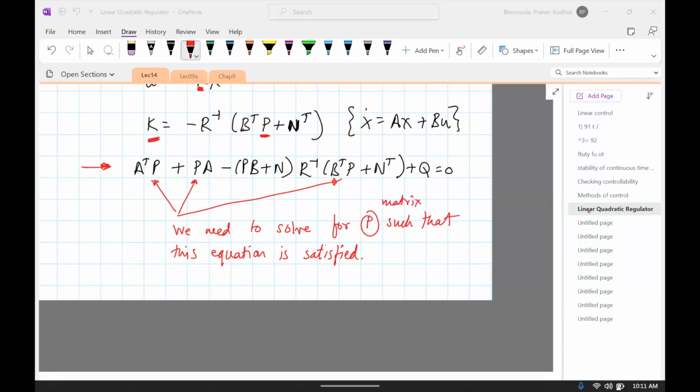I think it's, what is it called? I know P needs to be a semi-positive definite matrix. If you have heard of Lyapunov functions, it's related to that, but I'm not sure.